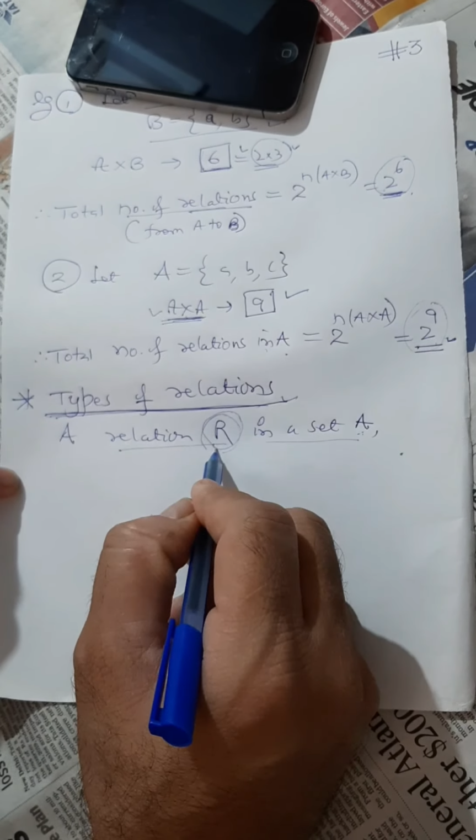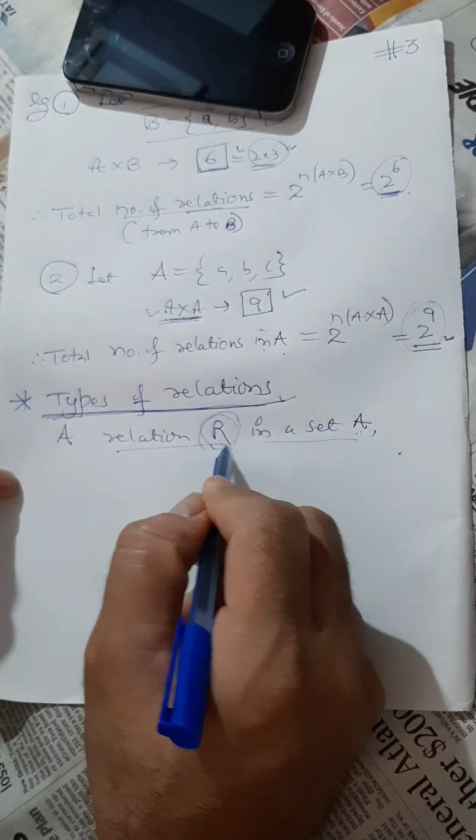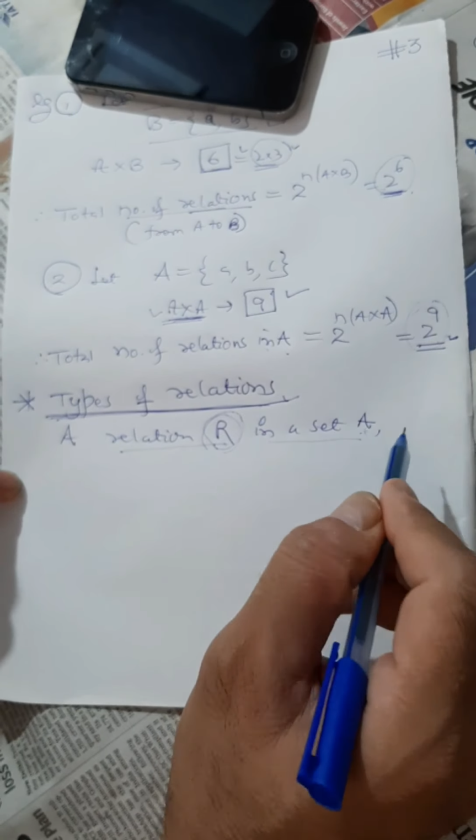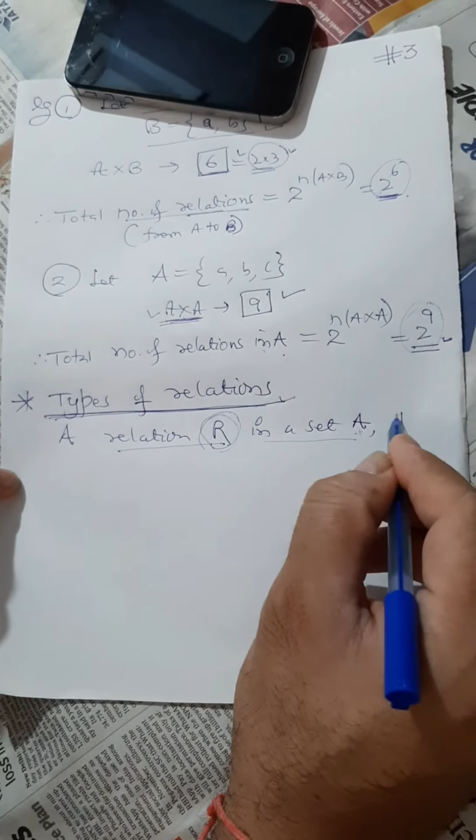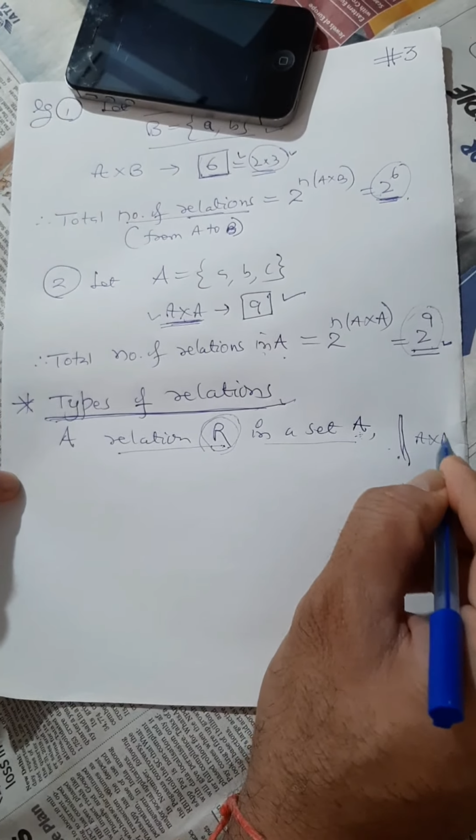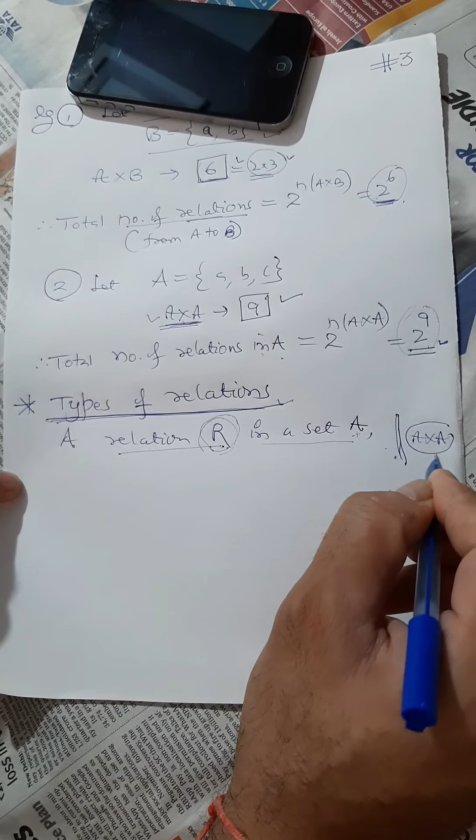So this is a set consisting of ordered pairs of A cross A, a set whose members are from A cross A, remember.